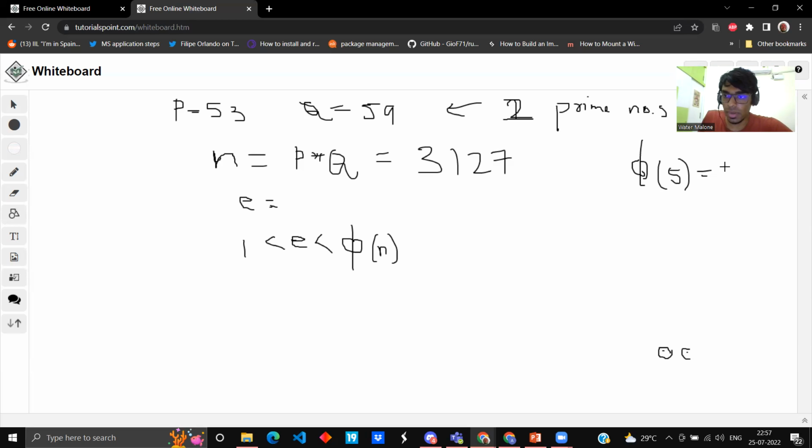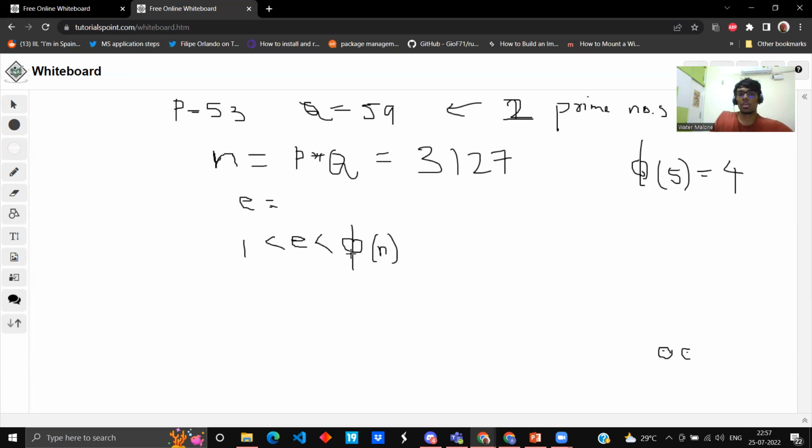Similarly, if you compare from 1 to 5 and keep taking the GCD with 5 itself, you will end up with 4 such numbers: 1, 2, 3, and 4. Each of those, when you take a GCD with 5, gives 1 as the answer. So I found four such numbers, and the count, the function value, becomes 4.